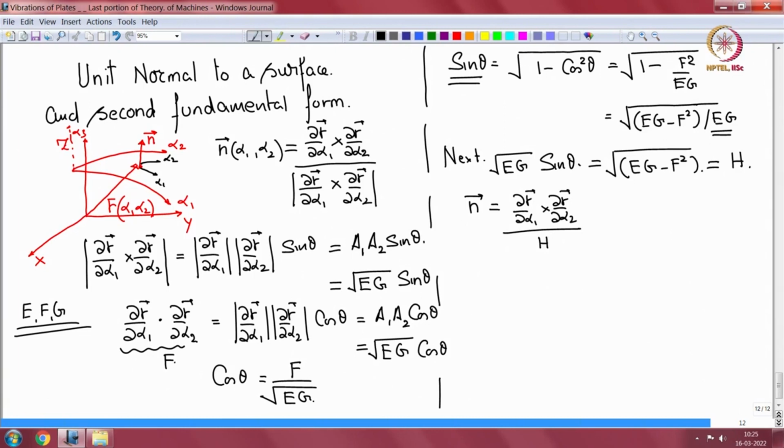Okay, and we say n points from the concave towards the convex side.